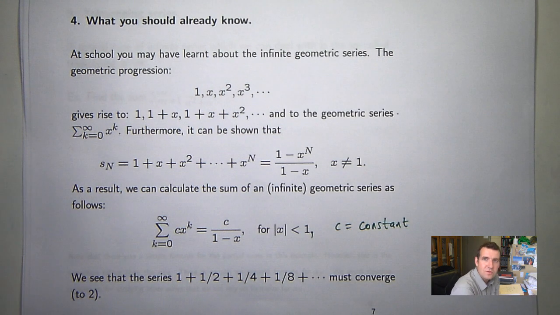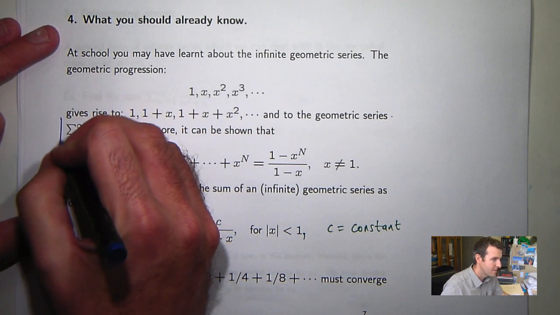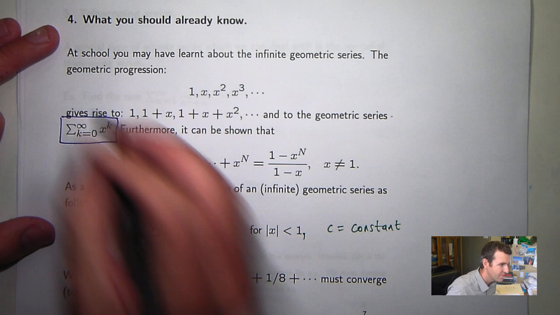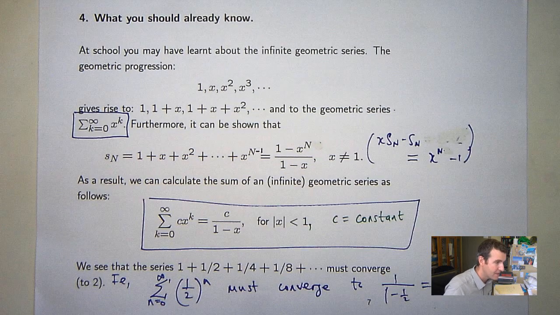Okay, so you would have seen basic series at school, and we're going to talk about a really important idea called the geometric series. So the geometric series is just this following boxed series, and you can think of writing out the big nth partial sum in the following way.